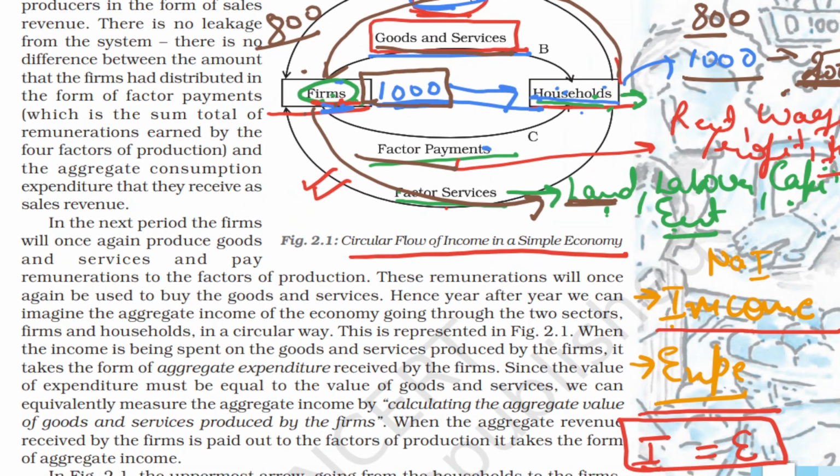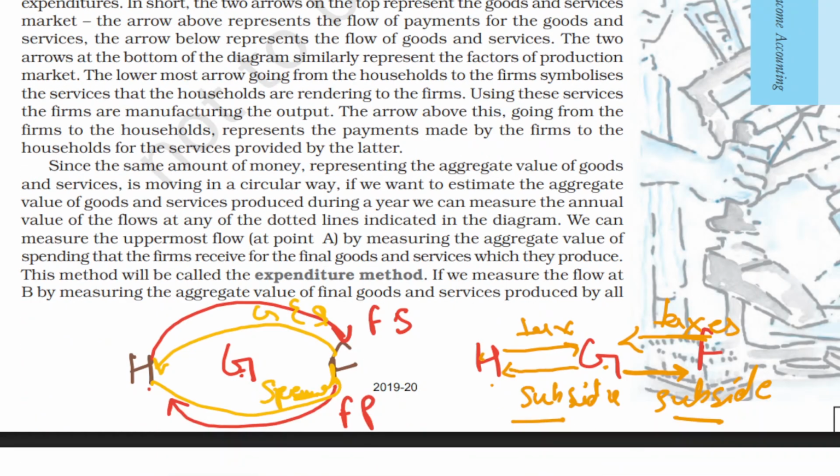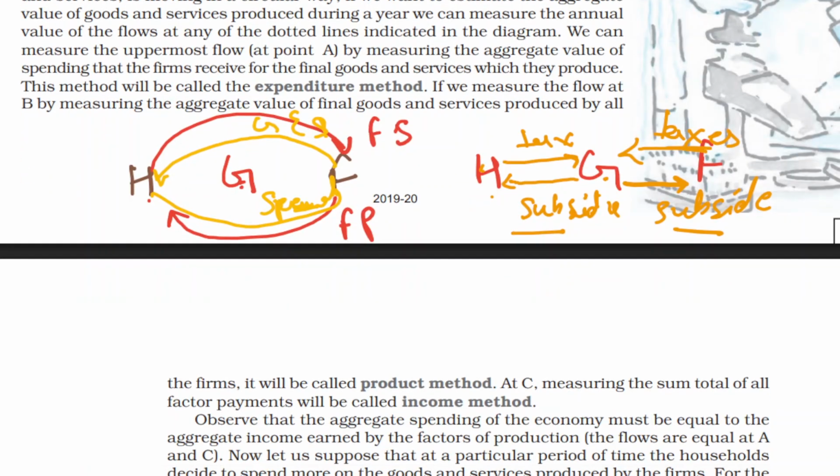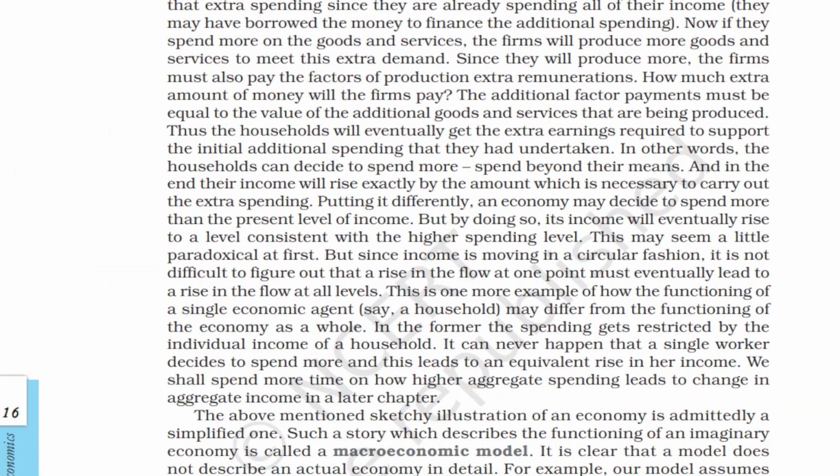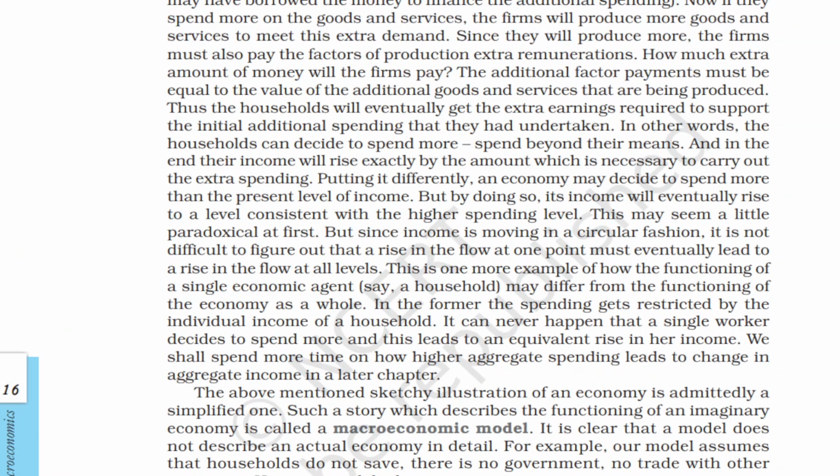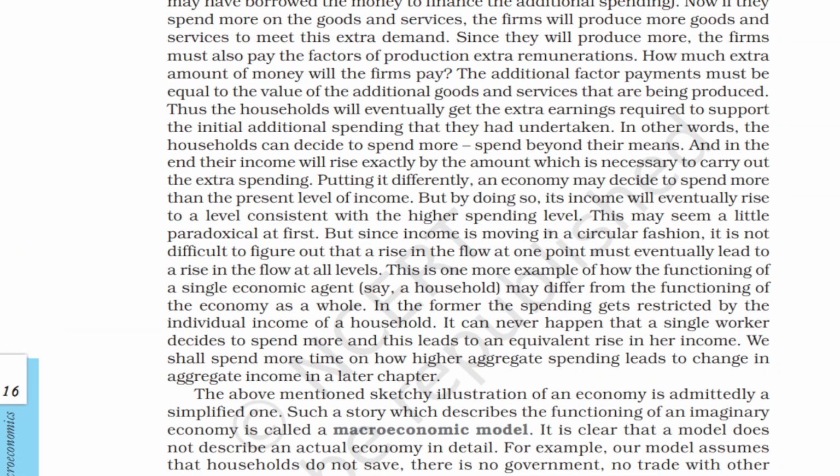Okay, let's move forward. There is another method other than the income and expenditure method, that is your value added method, right? Now, this income and expenditure part is hypothetically known as a macroeconomic model, as long as there are no leakages and injections in this particular thing, right?